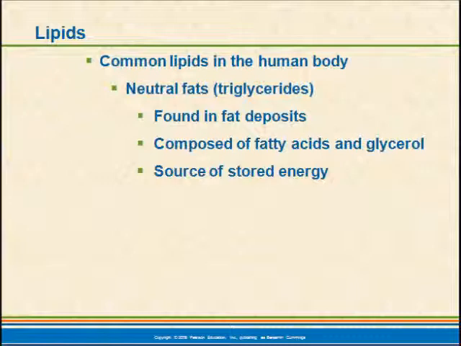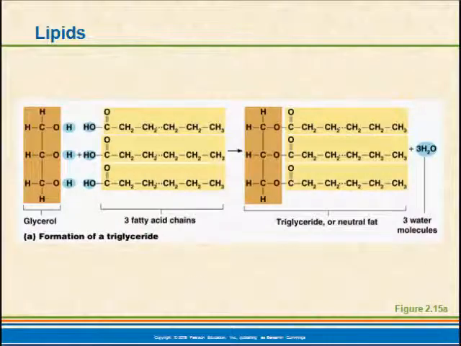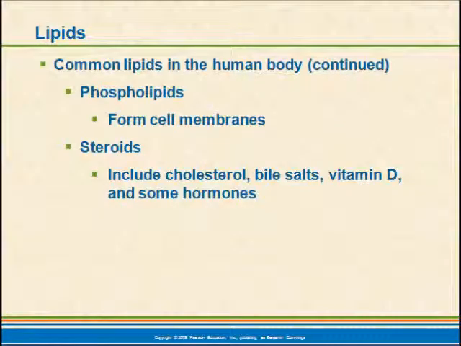Now, this is a typical triglyceride. It has glycerol, and then it has these 3 fatty acid chains. Some other common lipids in the human body are the phospholipids. And phospholipids are neat. Phospholipids have phosphorus on one end and a lipid on the other end.